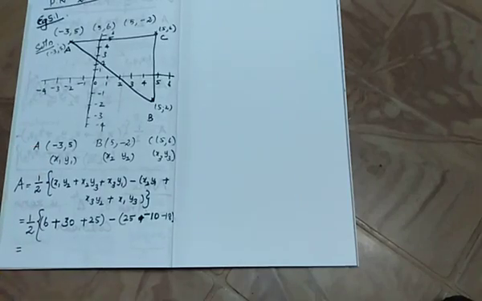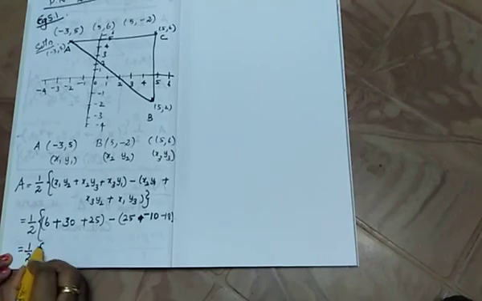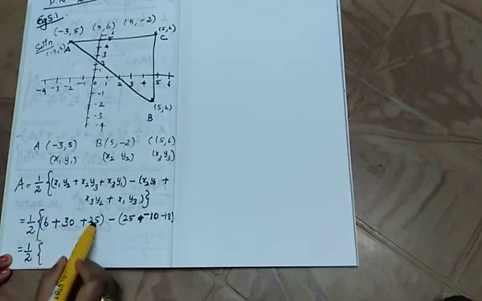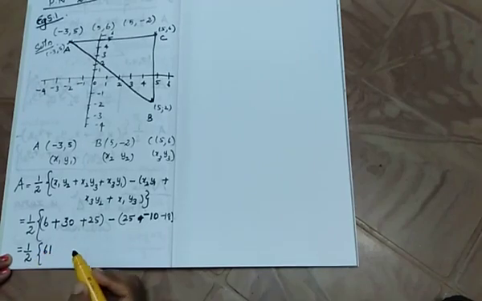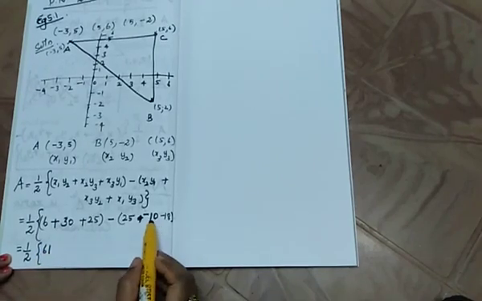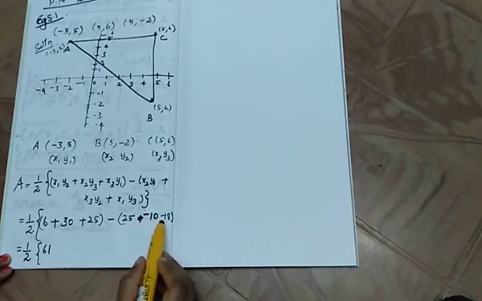Now let's see what we will get. Half into 30 plus 25, 55, plus 6, 61. Now 25 minus 10, 15. 15 minus 18, minus 3.